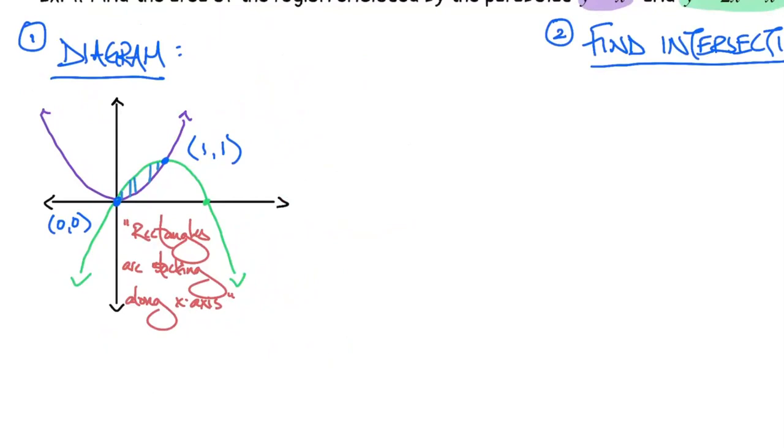Yes, in a different case, if you draw your rectangles differently, like if your rectangles went this way, then you would say the rectangles are stacking along the y-axis. Does it depend on me or the problem? It depends on a lot of different things, and I'll try and make that clear as we go along, okay?